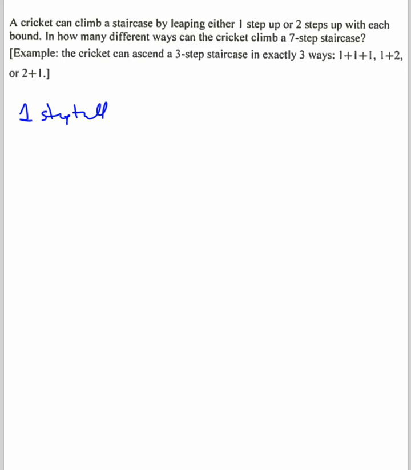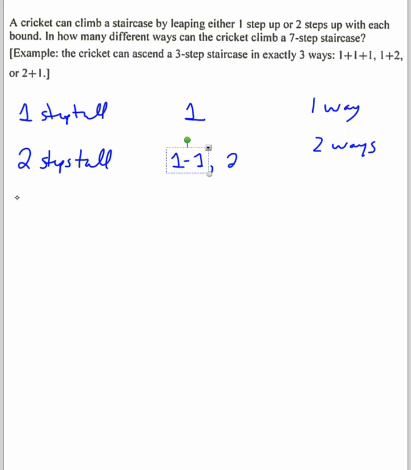If the staircase was only 1 step tall, there's only one way of doing that. What if the staircase was 2 steps tall? There would be 2 ways of doing it, a 1 and a 1, or 2 steps at a time. So there's 1 way there, and there's 2 ways there. What if the staircase, instead of being 7 tall, was 3 steps tall?